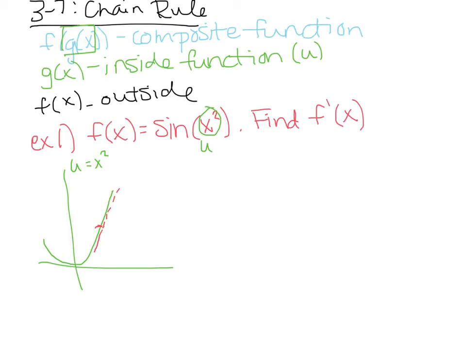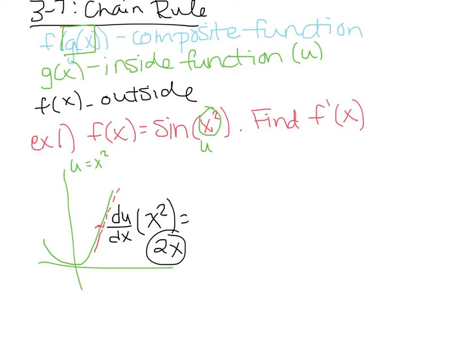So du dx of x squared is 2x, if I use my shortcut rule. When I just look at my inside function, my derivative is 2x.